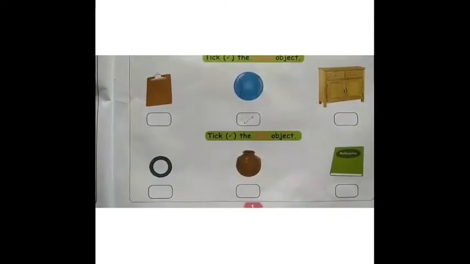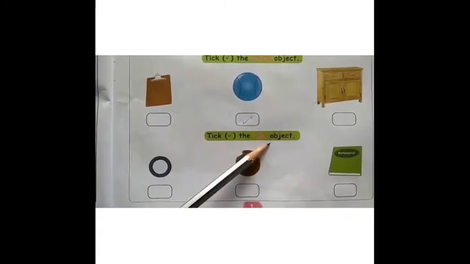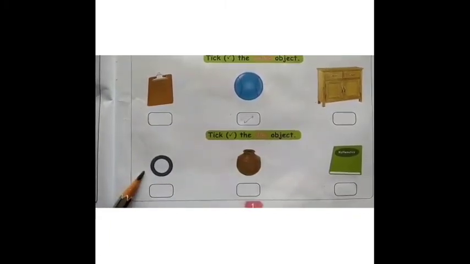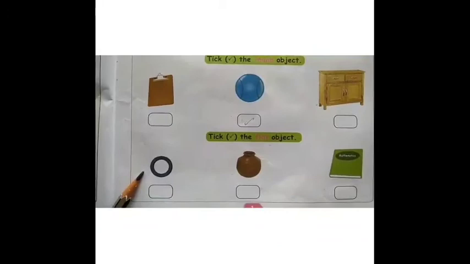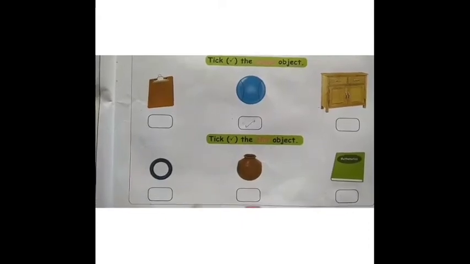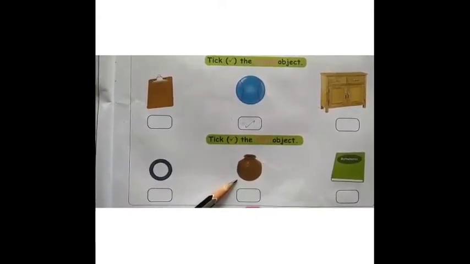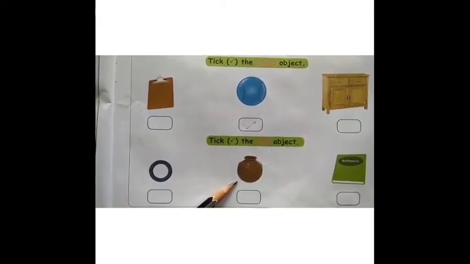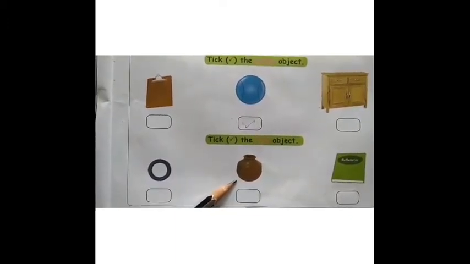Children, next let us see pick the flat object. In the first picture, we can see a ring. It is in what shape? It is in the round shape. In the second picture, we can see a pot. It is in what shape? It is in the round shape.